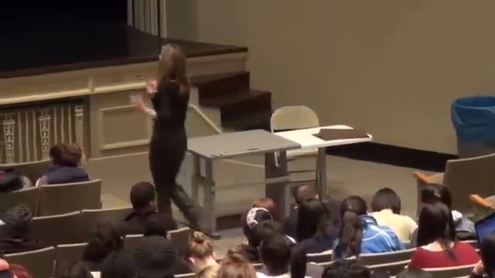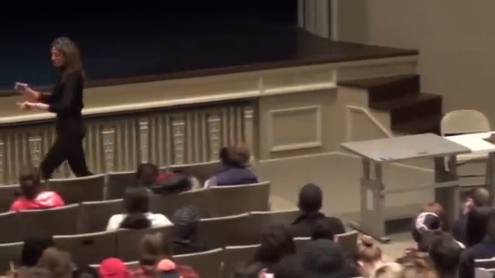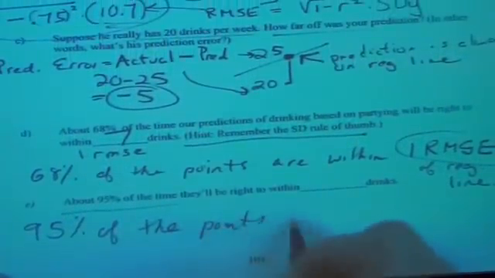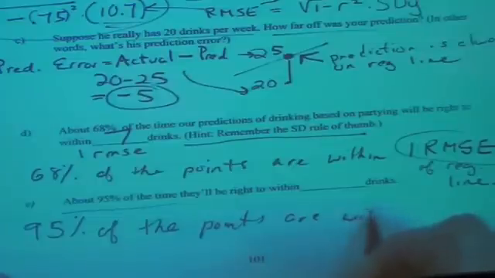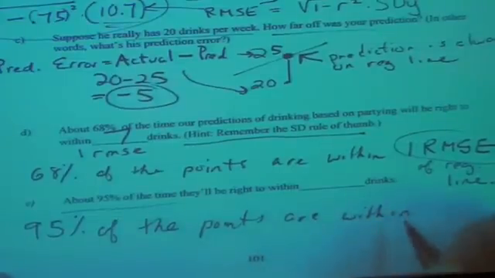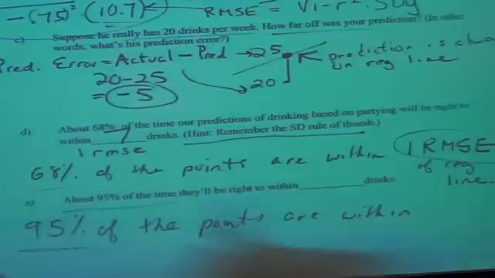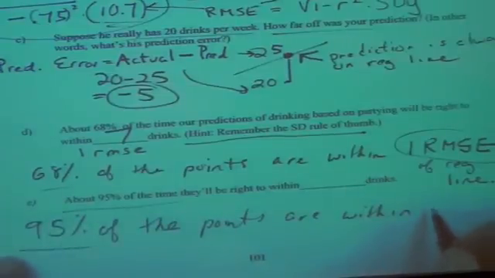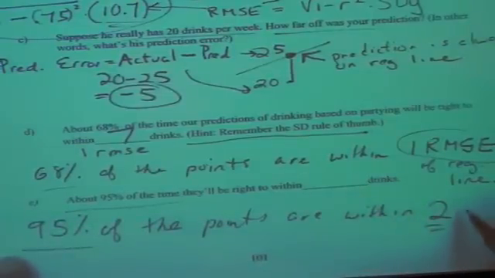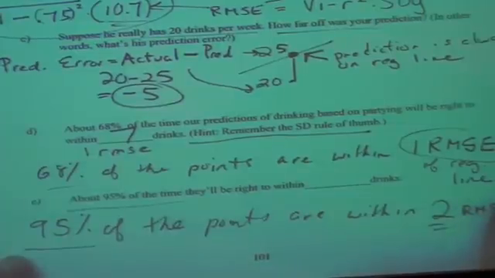Sure. But if I went 95% of the time, I'll be right. If I really want to be sure, if I was betting money on this, 95% of the points, I'd say, are within what? What do you think? 95 goes with what on the normal curve? 2 root mean square errors.